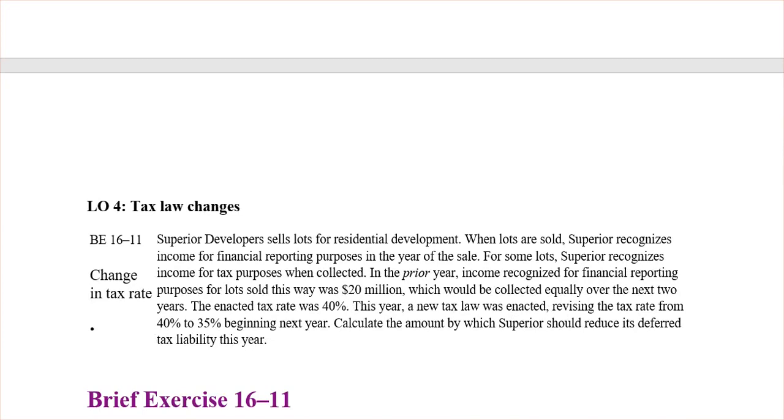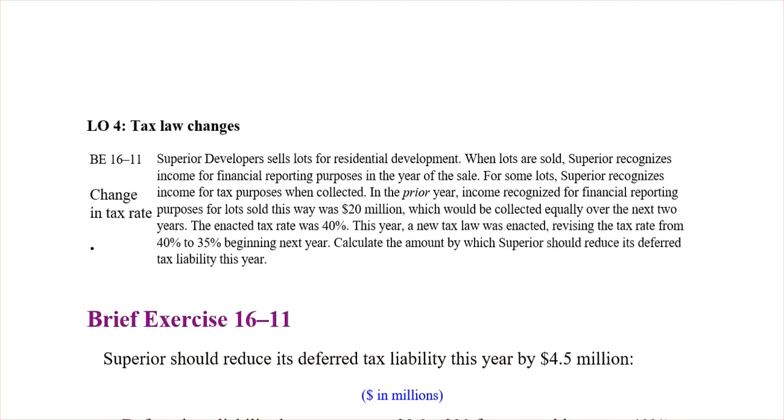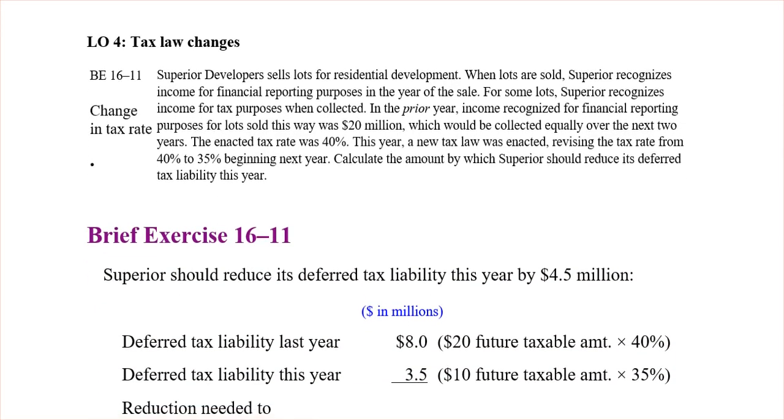So at this point, they sold some lots, and this apparently is an installment basis sort of a sale here, because it says in the prior year their revenue was recognized for 20 million, and it's going to be collected over the next 2 years, 10 million a year, I guess. And during the time period, though, they came to the conclusion that the tax rate has changed.